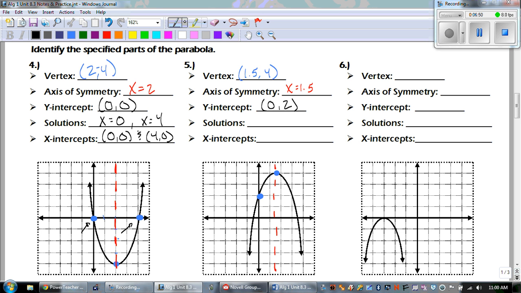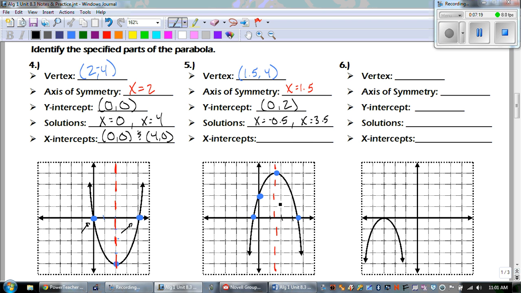Okay, now I need my solutions. So I'm going across the x-axis and finding where it crosses. And so we would say that x equals, my first point is about negative 0.5, and then my other value is, let's see, it's 1, 2, 3, I'd say 3.5.